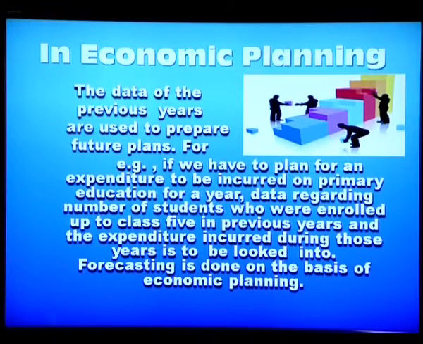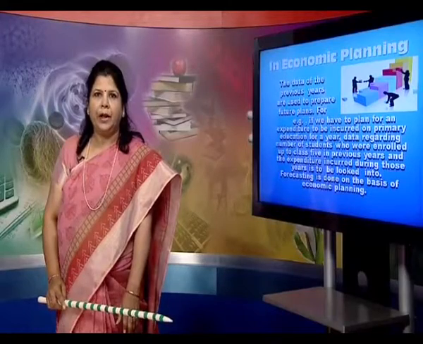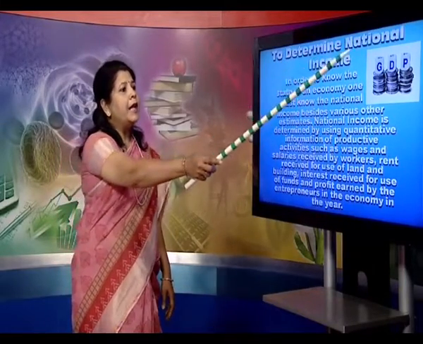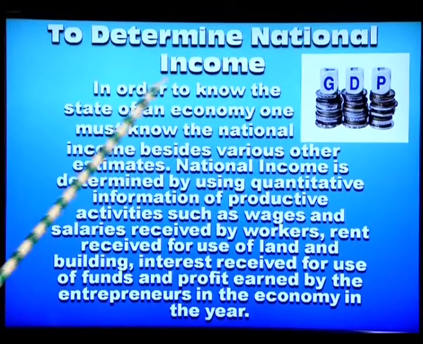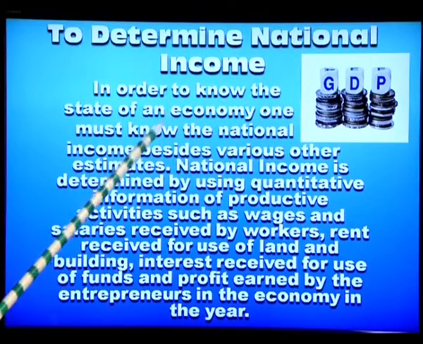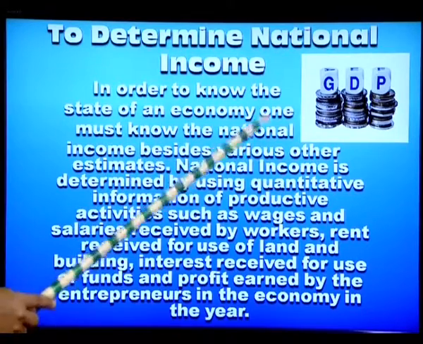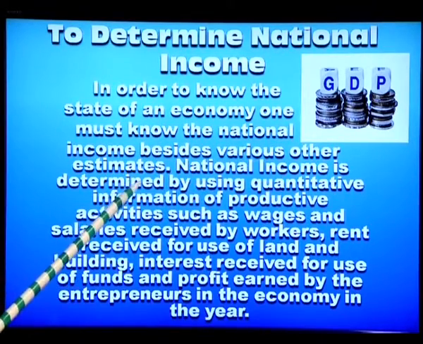Forecasting is also done on the basis of economic planning. Let us come to the second use of statistics in economics, and that is to determine national income. In order to know the state of an economy, one must know the national income besides the various other estimates.